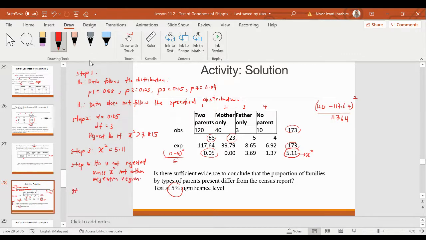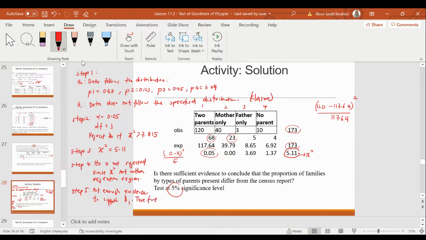And step 5, the conclusion: there is not enough evidence to support H1. Alright, the claim is this one, yeah? Different from the cancers report, so the claim is the H1.